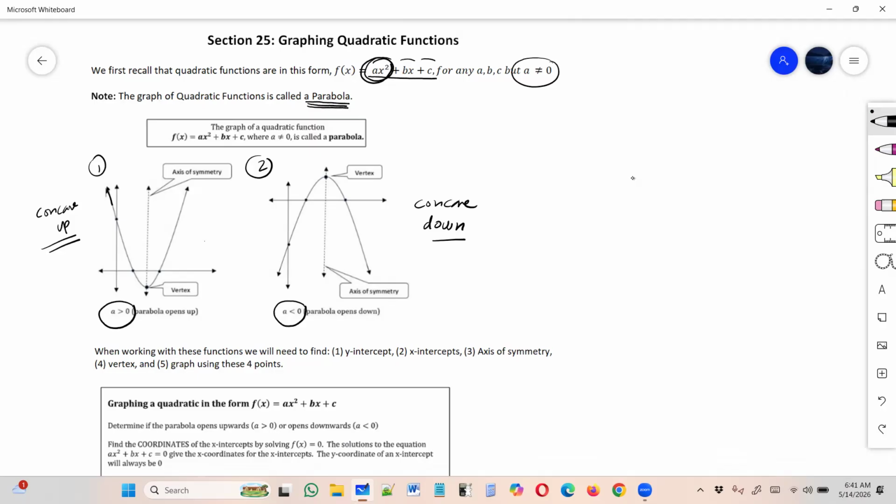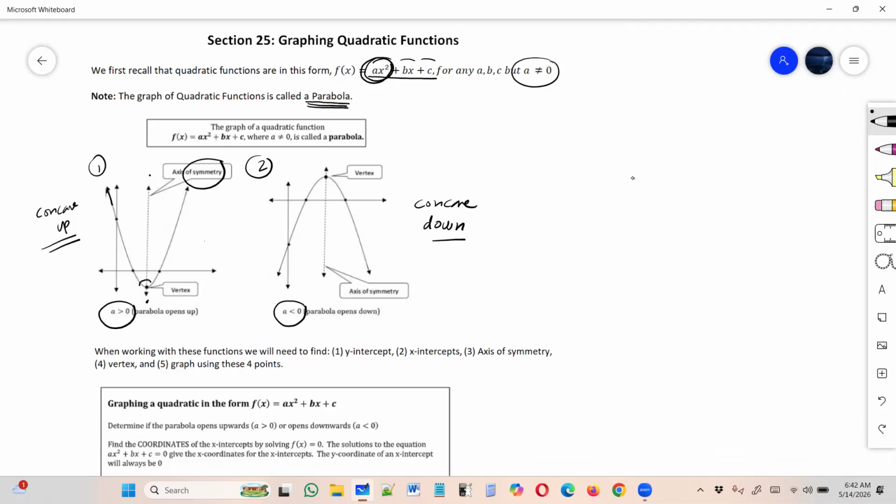Number two, there is a line splitting the parabola exactly in the middle, as you can see here. We call this the axis of symmetry. So whichever parabola you have, the concave up or the concave down, there's a line right in the middle called the axis of symmetry.